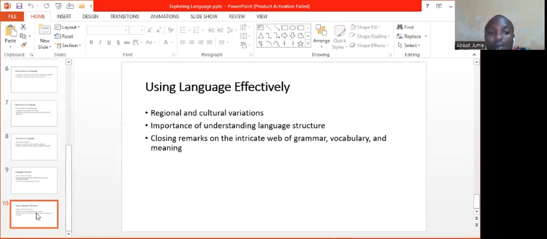And you must also be able to understand the language structure. Every language has its own structure. For example, in the English language, we use the SVO. And the SVO means subject, verb, object. So the subject must be followed by a verb and the verb then followed by an object. You cannot start with OVS or VOS.